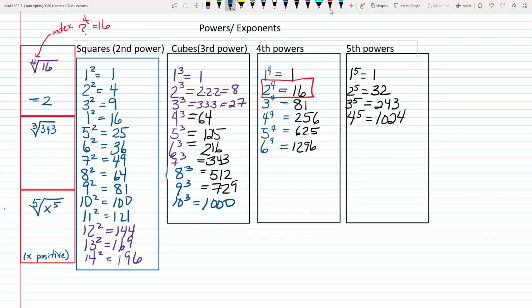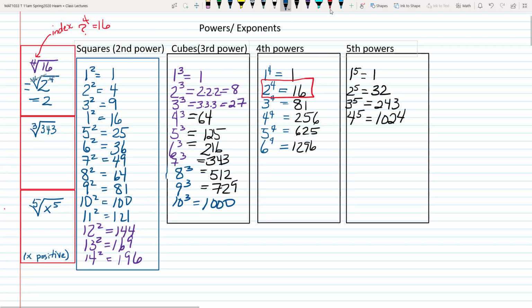But another way of thinking of this is that instead of having a 16 written under the radical, we could think of this as a 2 to the fourth power written under the radical. And so you can actually think of the radical and the power having the same index as exponent. It cancels out and we're left with just 2.